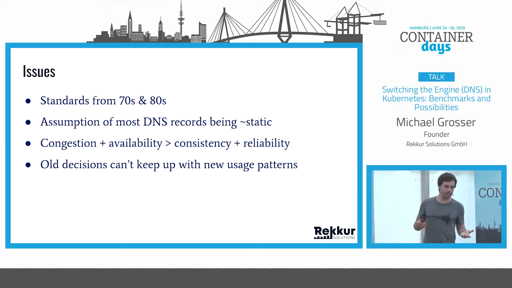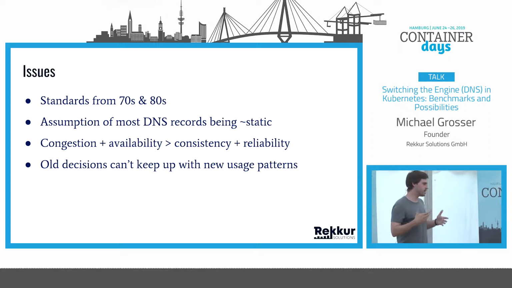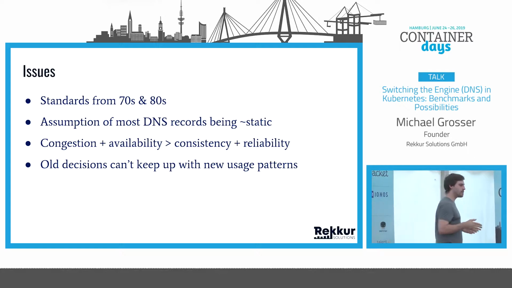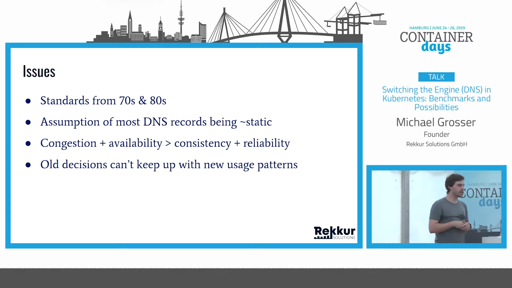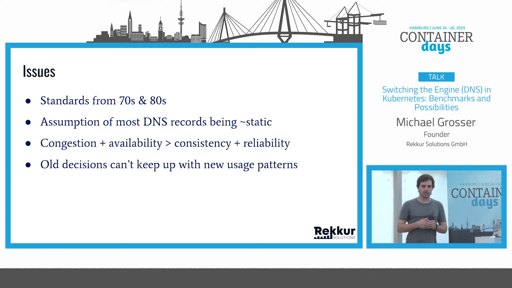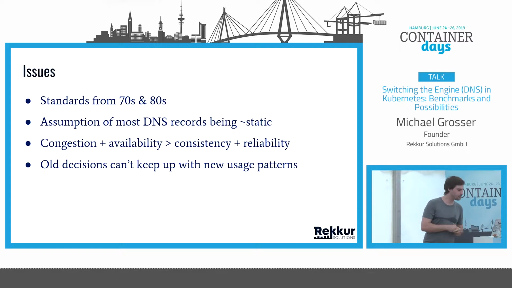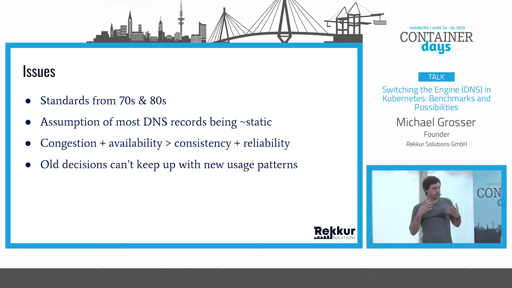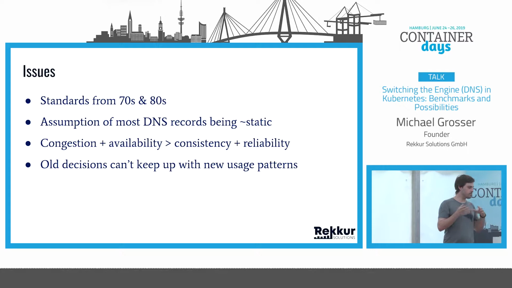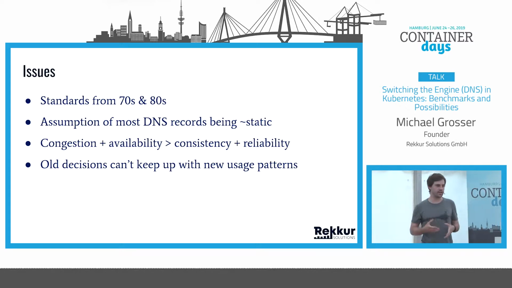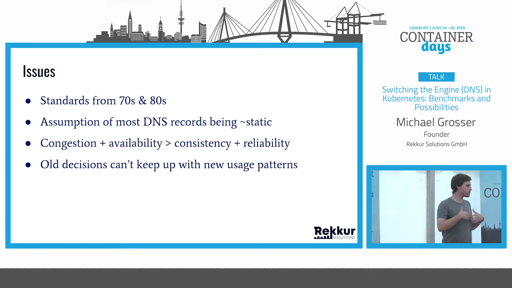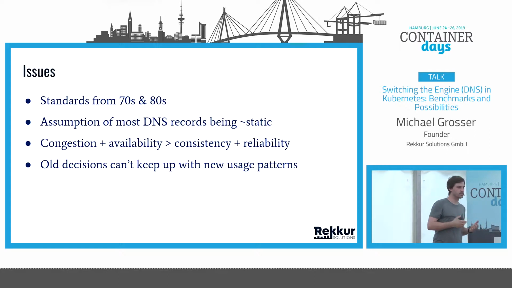In our current environment, we would love to have DNS just do TCP, but not every application does that, and not everybody knows about it. So we have to fix it internally in Kubernetes so that it works out of the box. Reiterating that point, back then congestion and availability were more important than consistency and reliability of records.